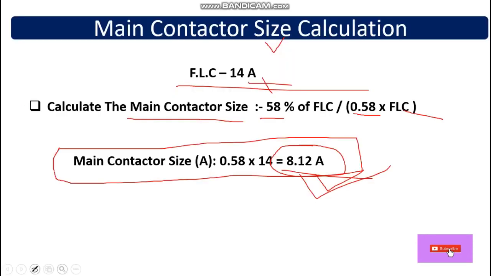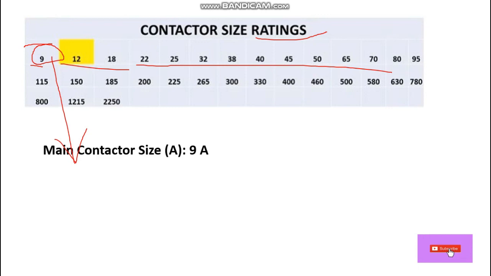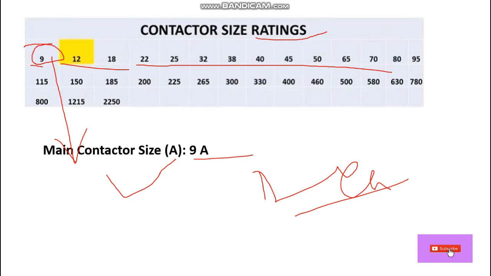So always go for a higher value than the calculated. Okay, that's why 9 is near about this. So main contactor size is 9, and we already talked about the contactor size for main and delta contactor being the same. Okay, that's why delta contactor size is also 9 ampere.